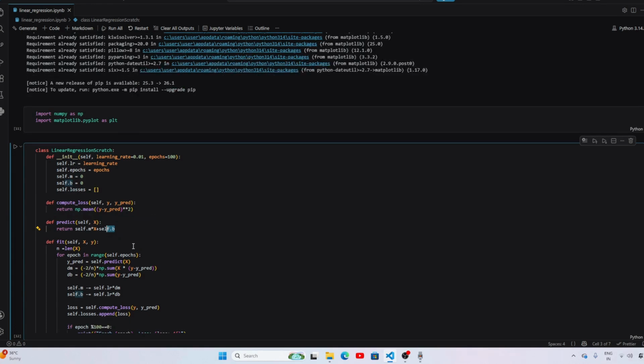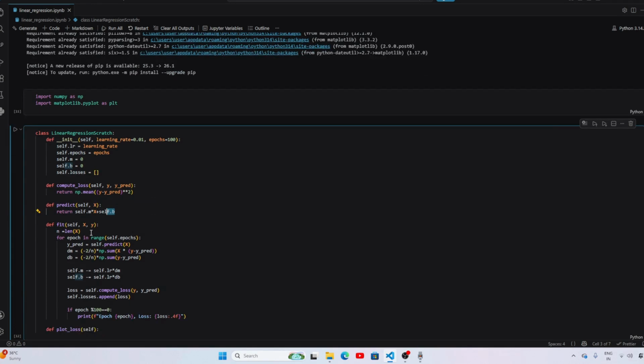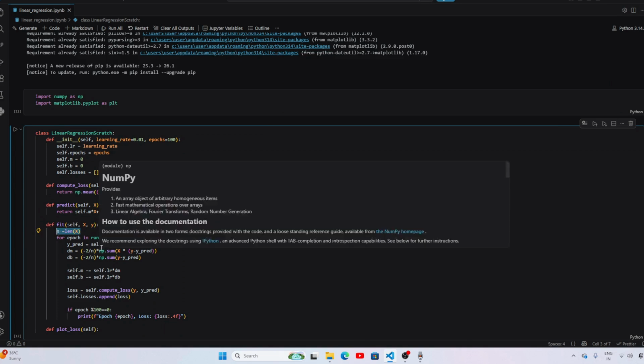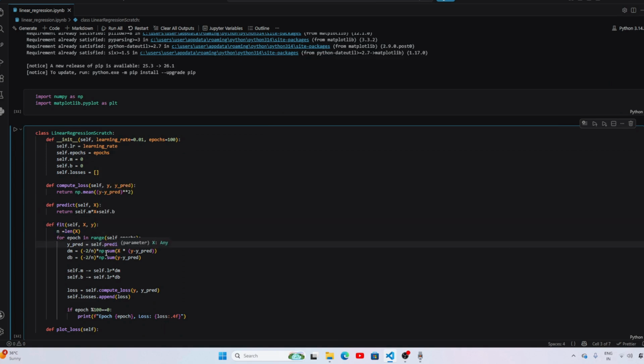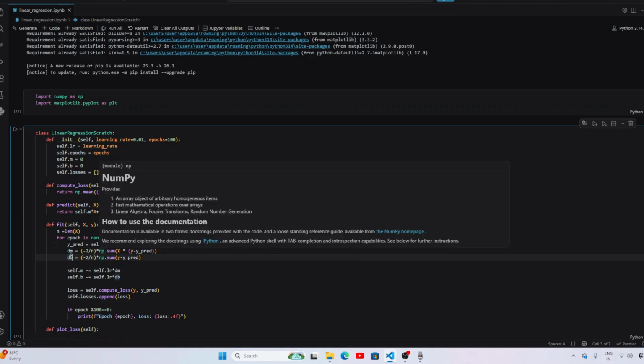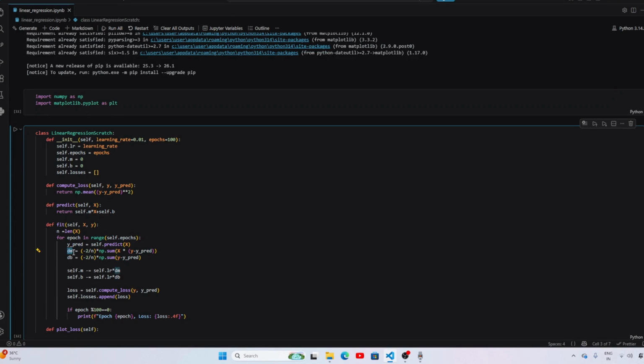Now in the fit function, n is the number of sample data, and for each epoch we predict the values and calculate the gradient descent with respect to m and b. Here we have taken the derivative dm and the derivative db of the cost function. We multiply by x to measure how strongly each feature contributes to the error.